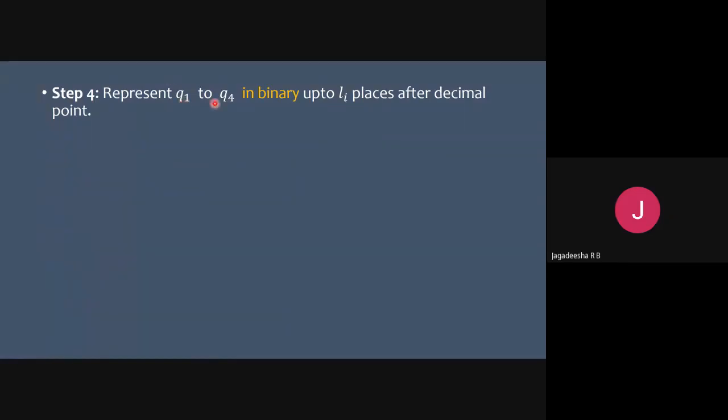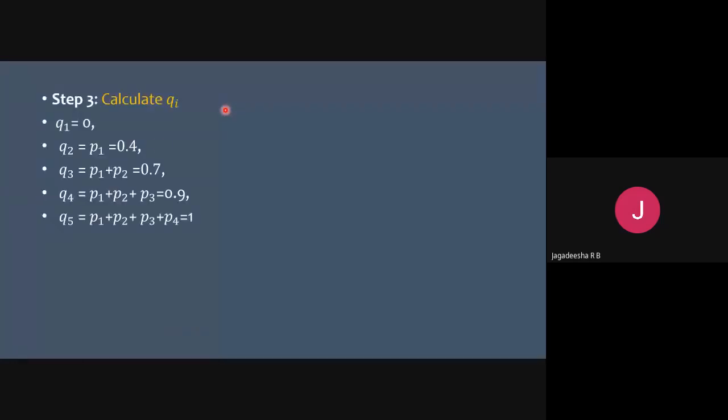Represent Q1 to Q4 in binary, because Q1 represents the first symbol and Q4 represents the last symbol. We have only 4 symbols. Are these decimal values? Yes, all the Q values are decimal: 0.4, 0.7, 0.9, 1, 0, etc. So we have to convert this into binary.